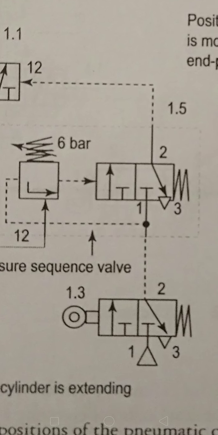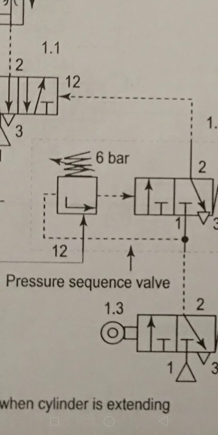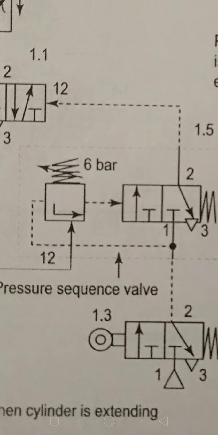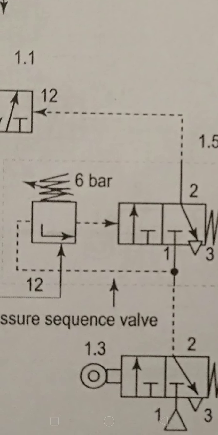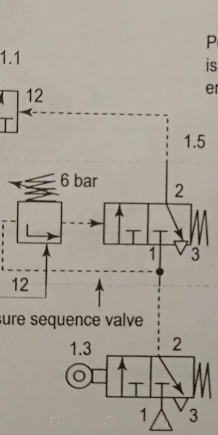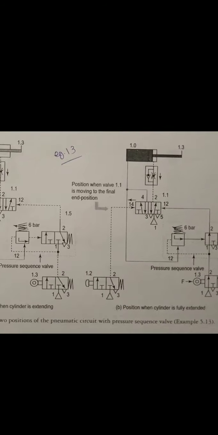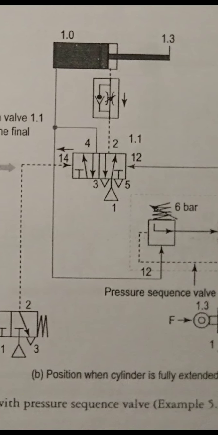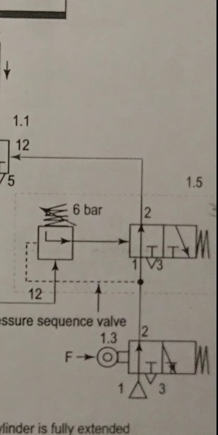But now instead of sudden action, the roller valve will give a signal, let's say, to the 12 here. So here is a pressure relief valve. Whenever it reaches 6 bar, then this dotted line will be converted to the main line, and there will be a flow. So when it is, let's say, 6 bar here, the signal goes to the 3/2 valve again.